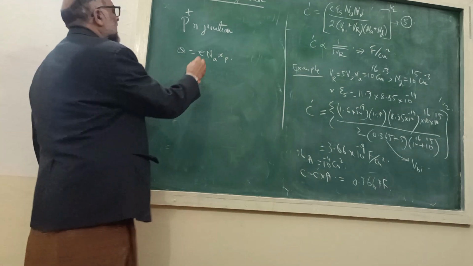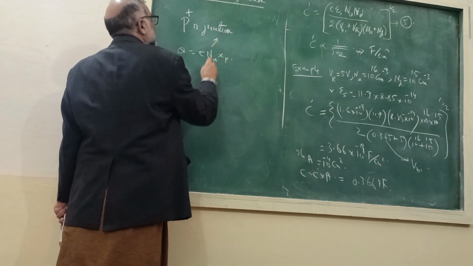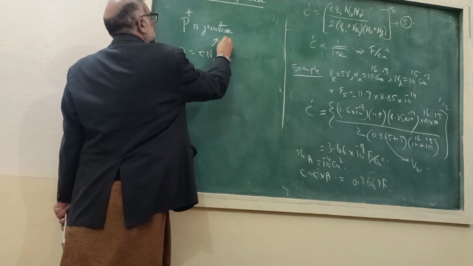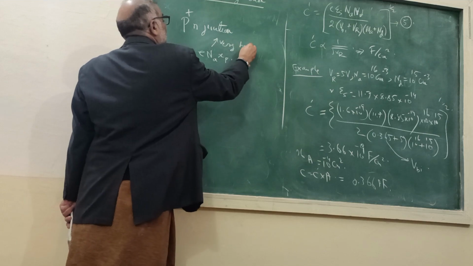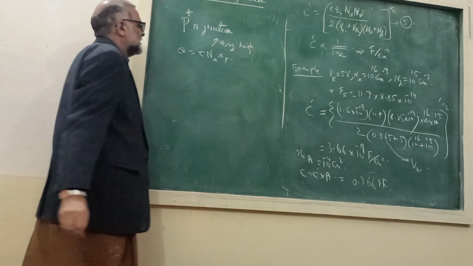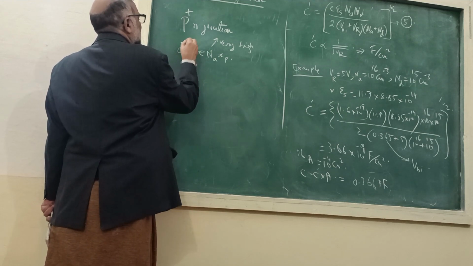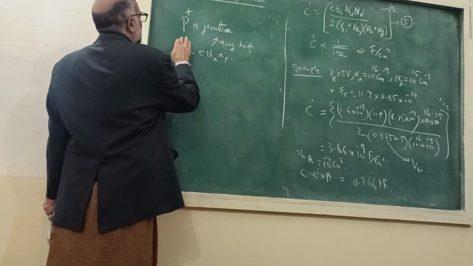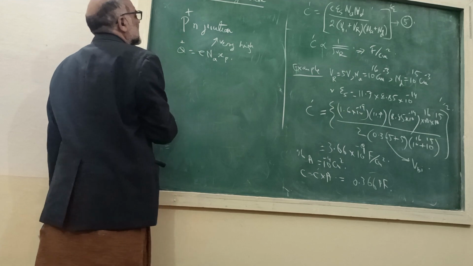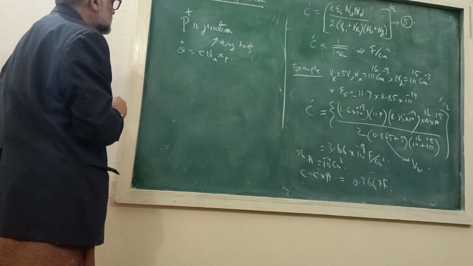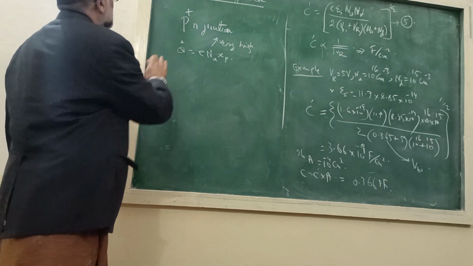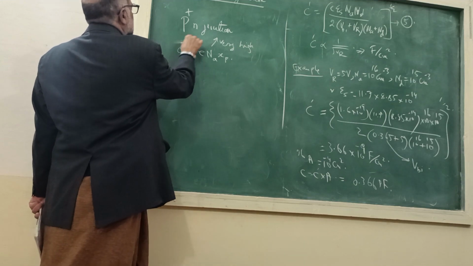So if this is very heavily doped, on the XP side it will be negatively charged, right?